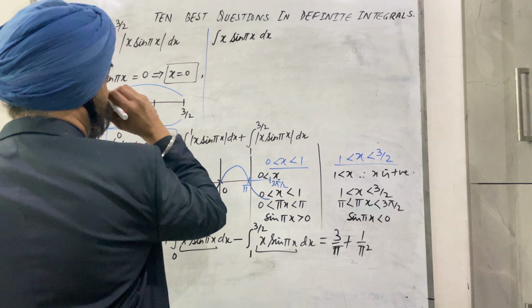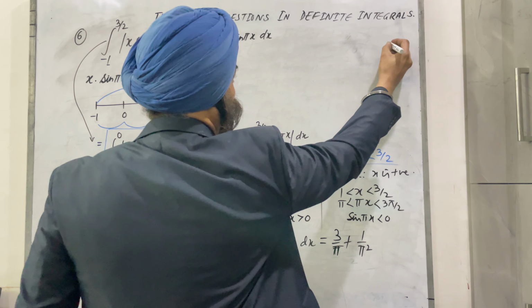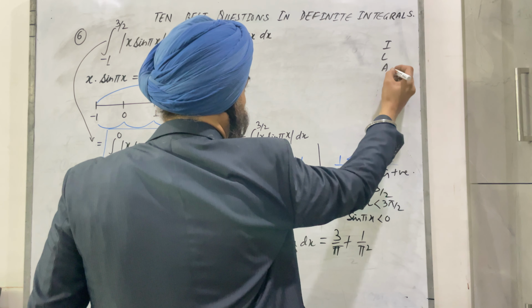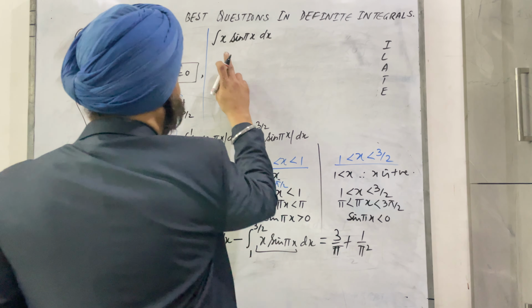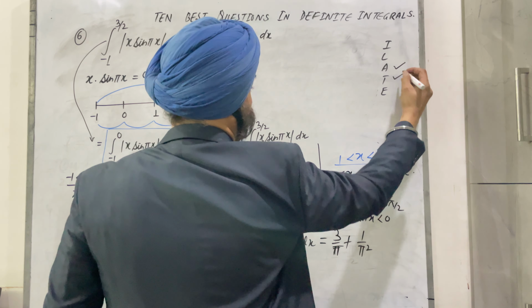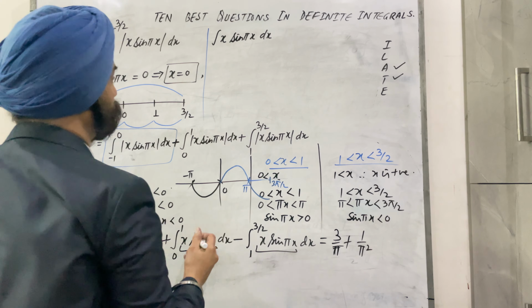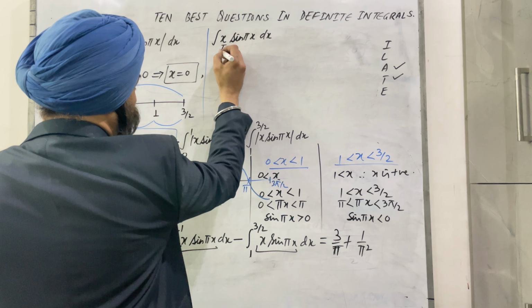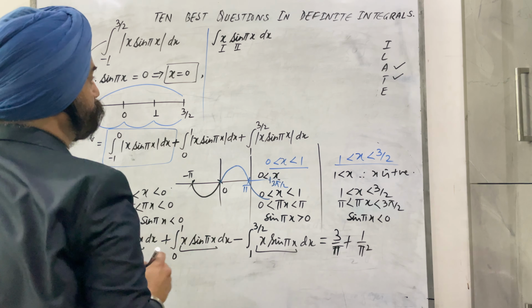We are aware of the ILATE rule, I-L-A-T-E. So x is an algebraic function and sine pi x is a trigonometric function. Algebraic comes first, trigonometric later. So I can take x as the first function and sine pi x as the later function.